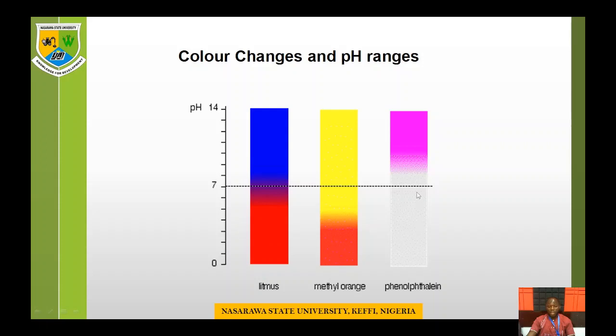Then for phenolphthalein, there is a sharp pink coloration for the alkaline solution, while there is no color change for the acidic solution.